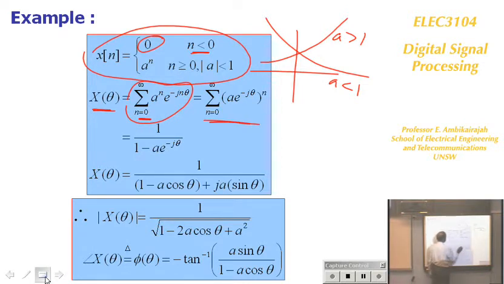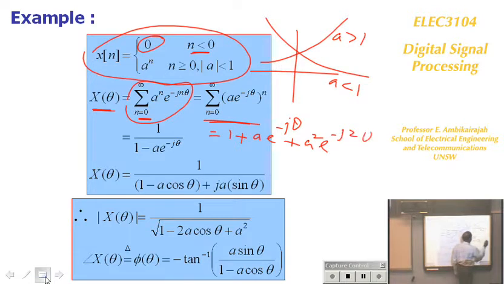And you evaluate this. When you evaluate this, this becomes a power series, which is 1 plus a e to the minus j theta plus a squared e to the minus j 2 theta plus and so on.